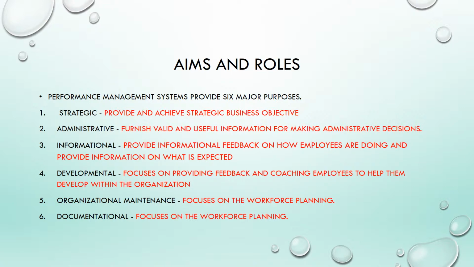So they're linking goals of employees and the business objectives together. Administrative is there to furnish valid and useful information for making administrative decisions. So this would be decisions for salary adjustments, promotions, and employee retentions. Informational provides feedback on how employees are doing and provides information on what is expected.